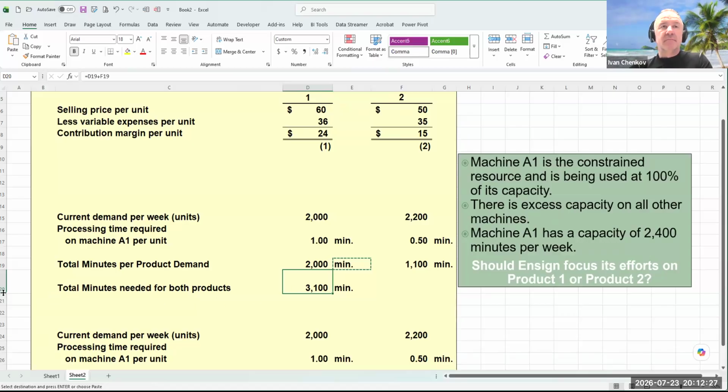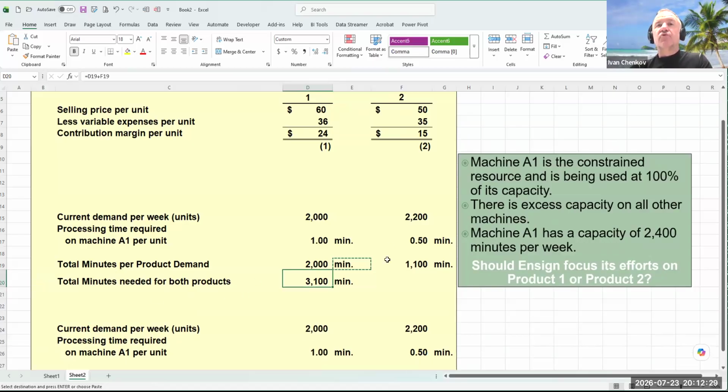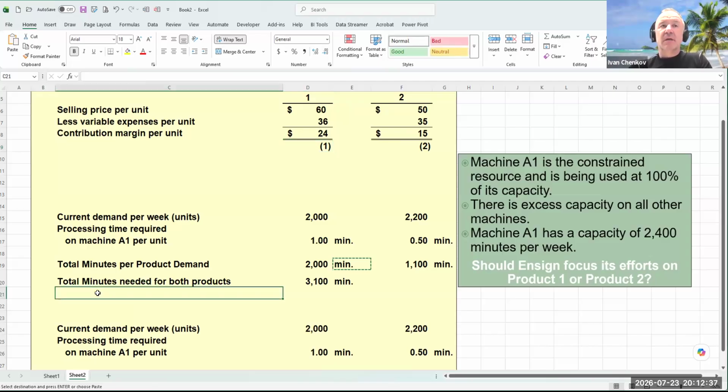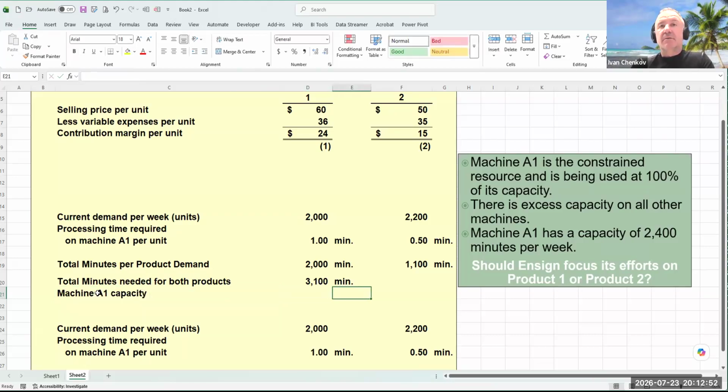So what do I have to do? I have to choose between those two products. Which one should I produce in full, and what will be my product mix? Because again, the machine capacity is only 2,400 minutes.